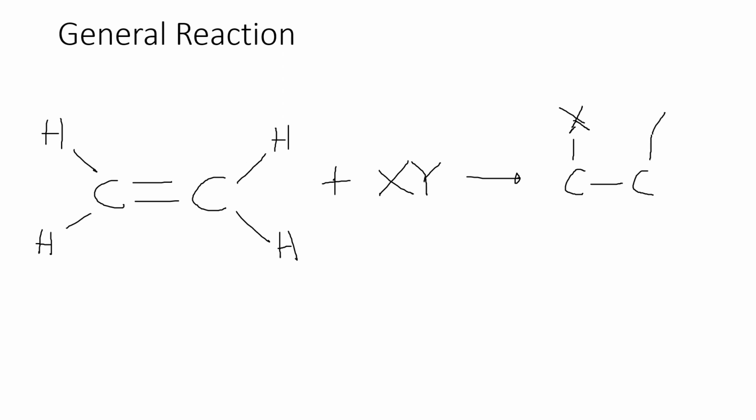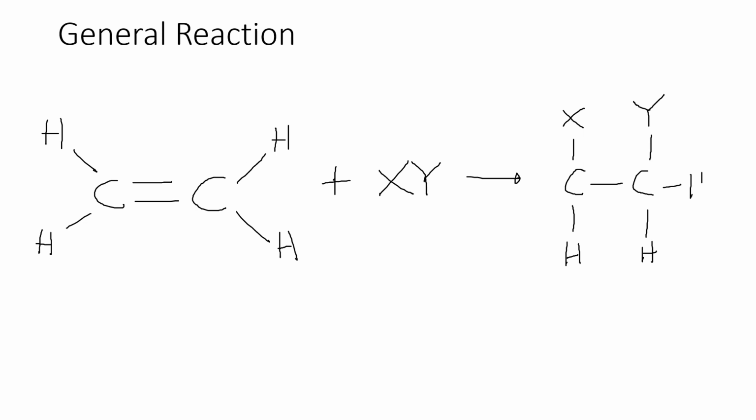I'm drawing this dreadfully, let me rub that out. That is, you've got your bond to X on one of the carbons and your bond to Y on the other carbon, and then you've got your hydrogens here.